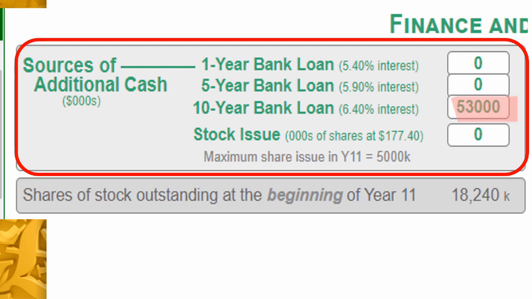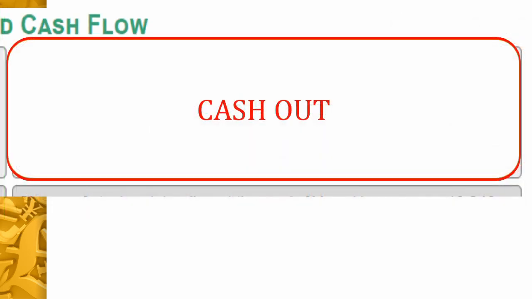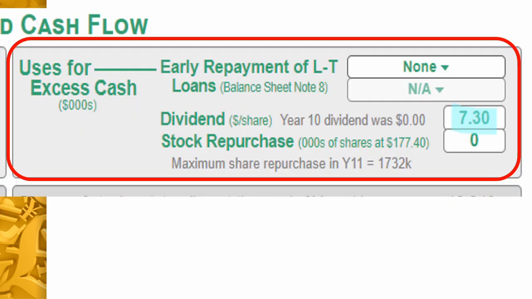But if you are in a rush, you can easily stick to the 10-year loan. Cash out means paying off previous debts, giving out dividends, and repurchasing shares. But again, we like to simplify this for the time-taxed student. So let's use only stock repurchase.